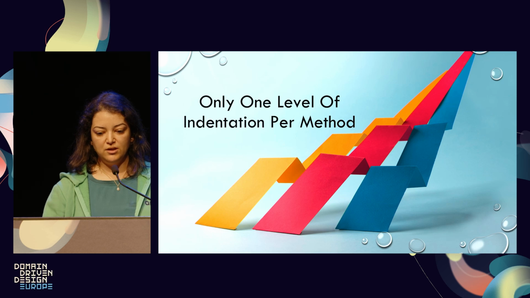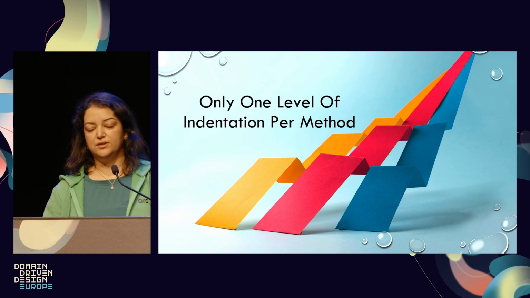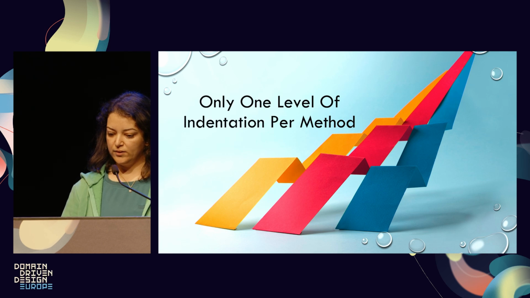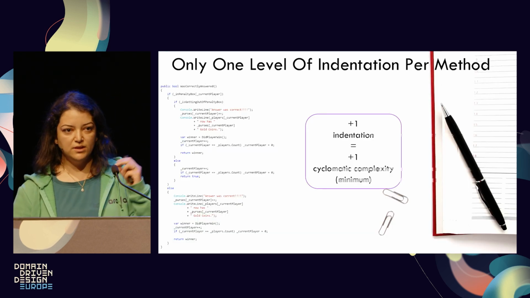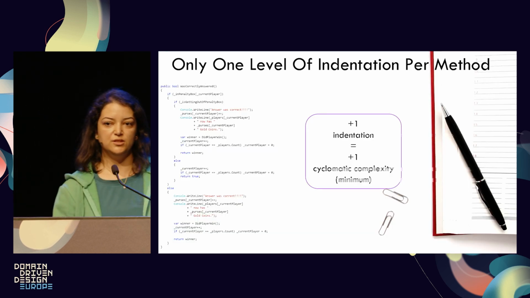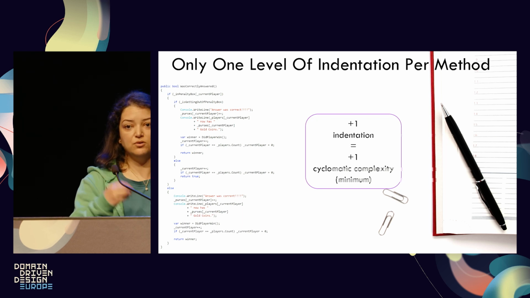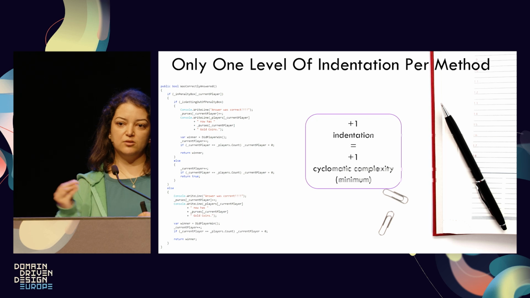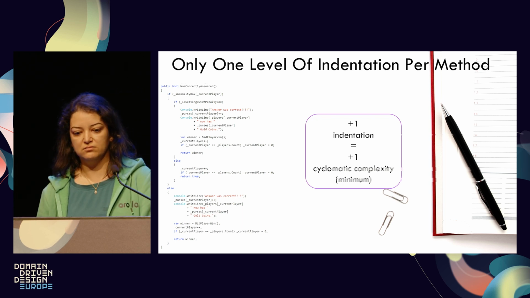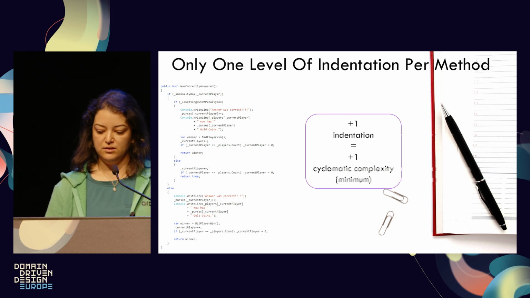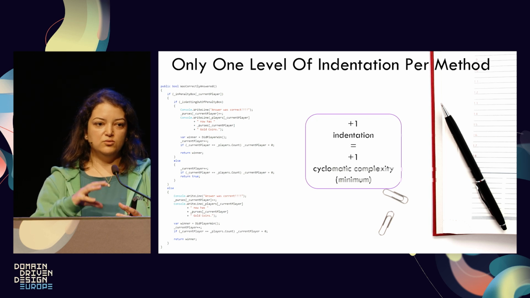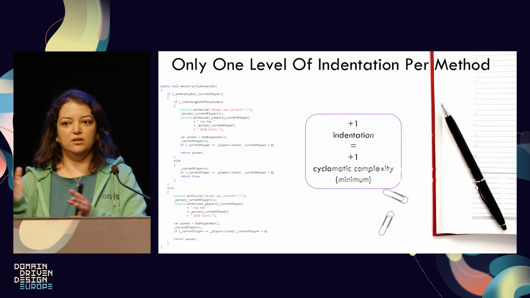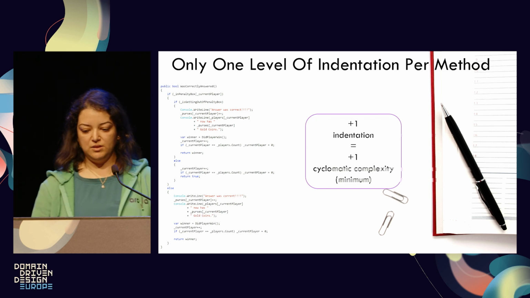Next rule, only one level of indentation per method. Keep in mind that one more level of indentation is at least one more cyclomatic complexity, so minimum. That means that if you have many indentations, the code naturally becomes more complex.